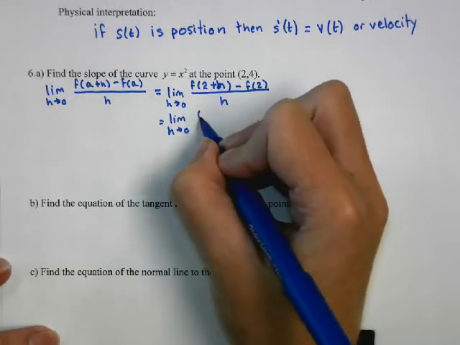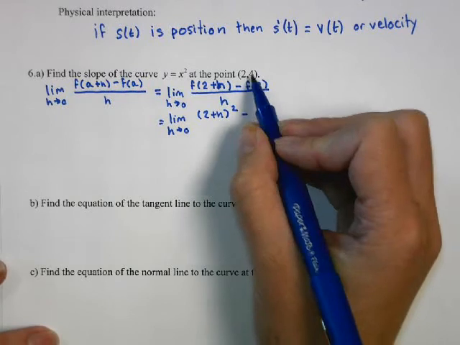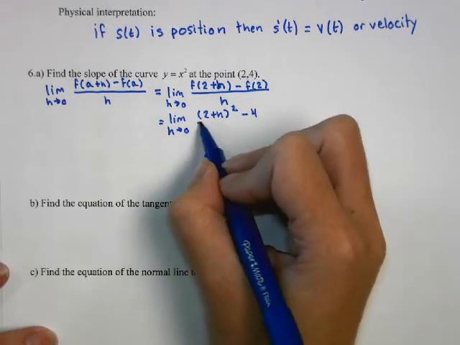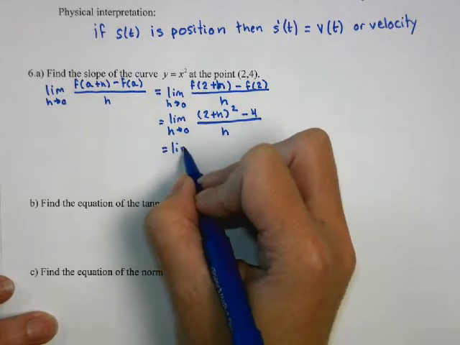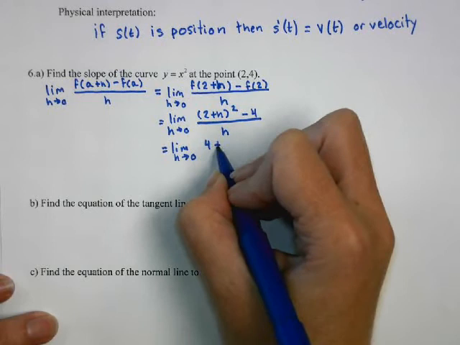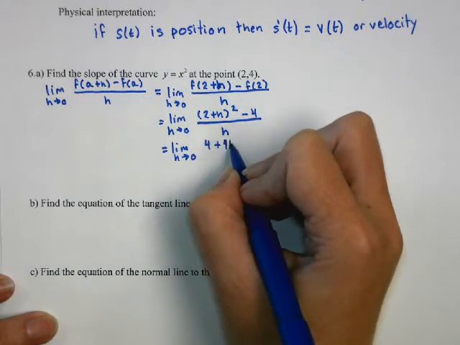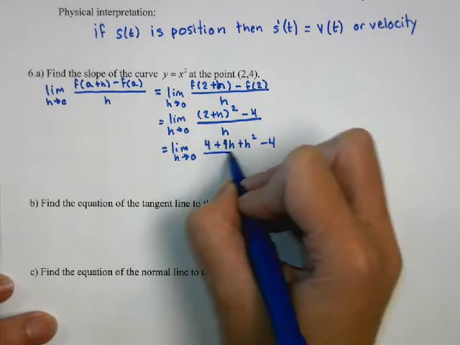So this is going to be 2 plus h squared minus f of 2, which is 4. I'll FOIL. So we're going to have 4 plus 4h plus h squared minus 4.